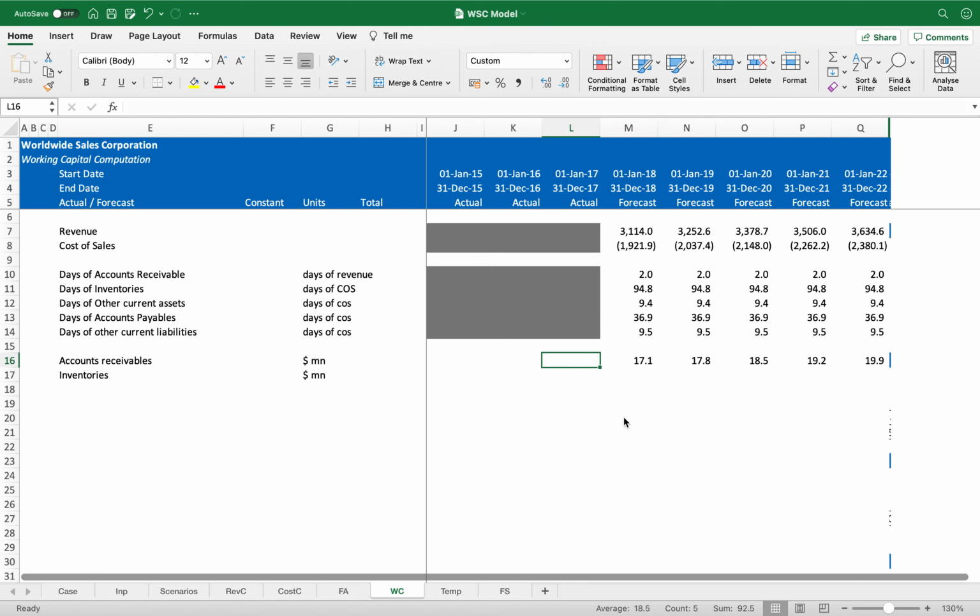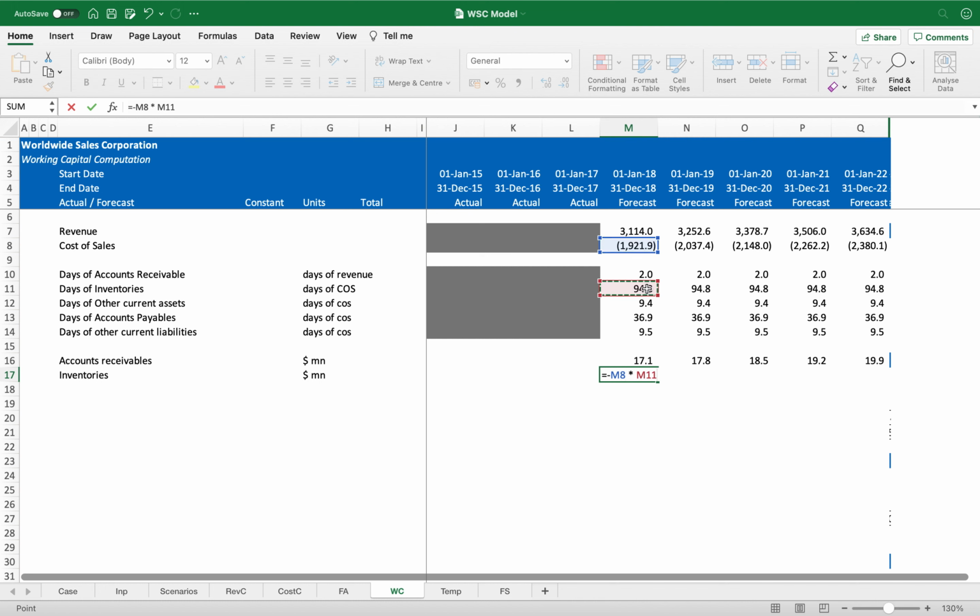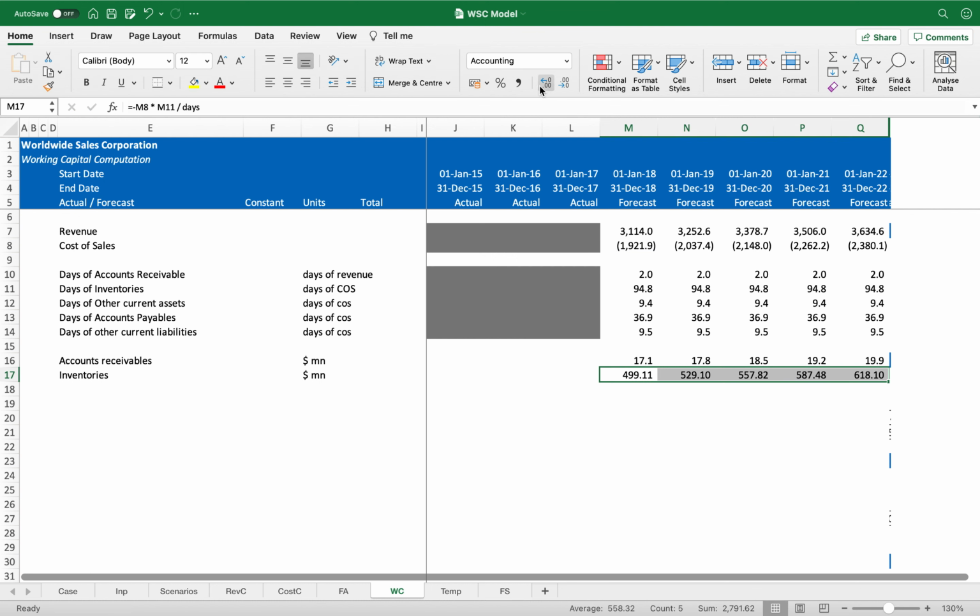So the formula will automatically take 365, right? So I have removed my hard coding problem as well. Similarly for inventories, cost of sales multiplied by 94.8 days divided by days, which is my 365.